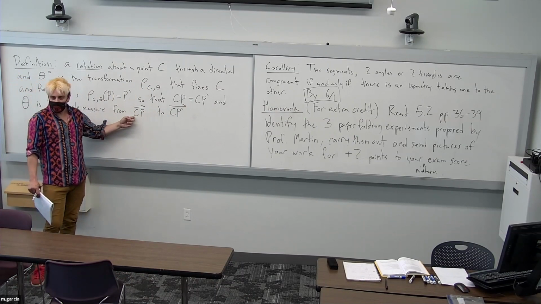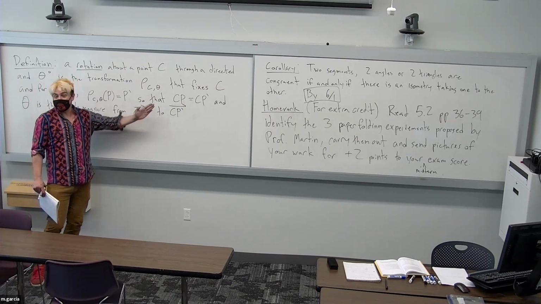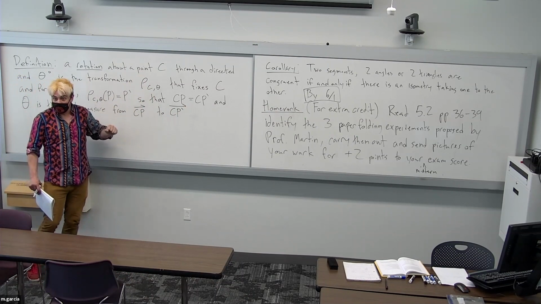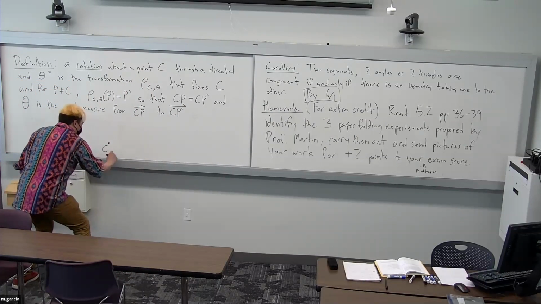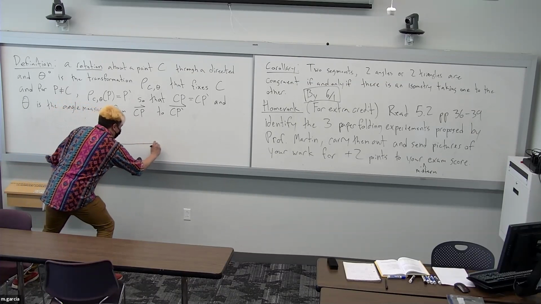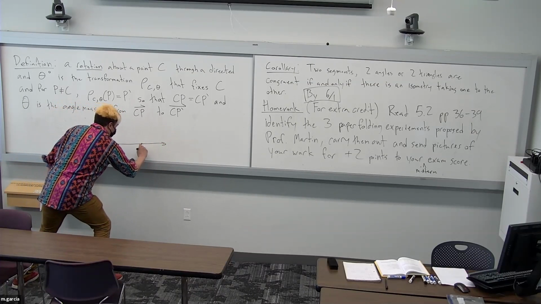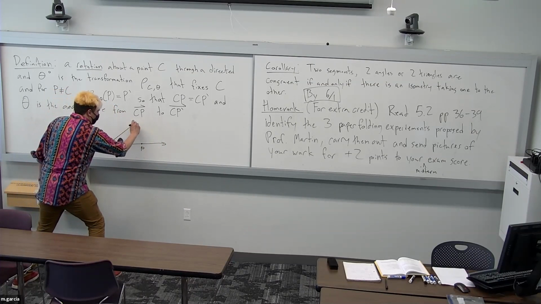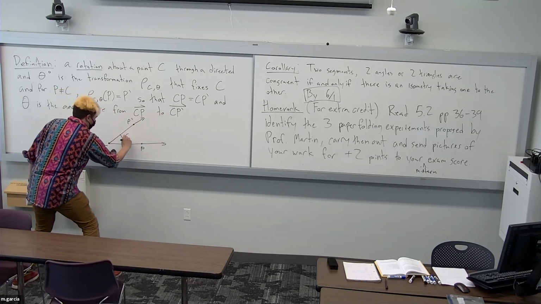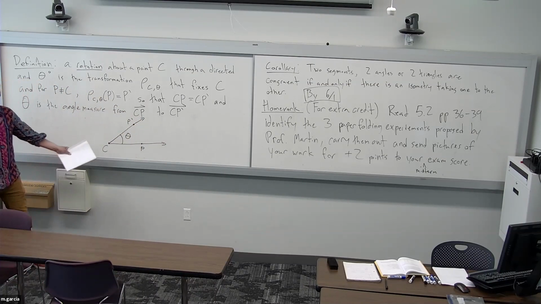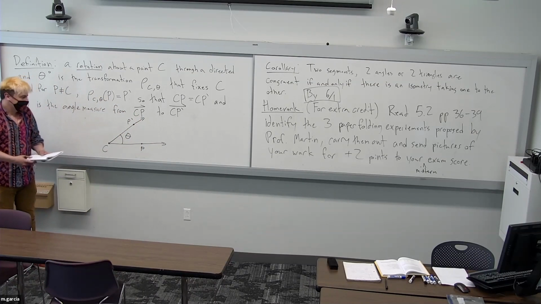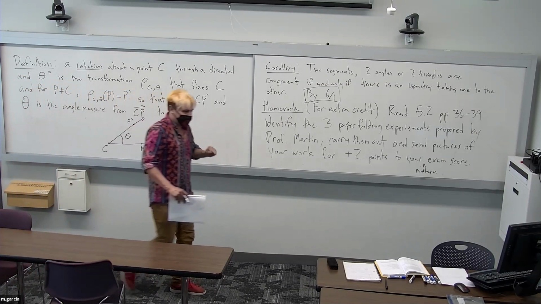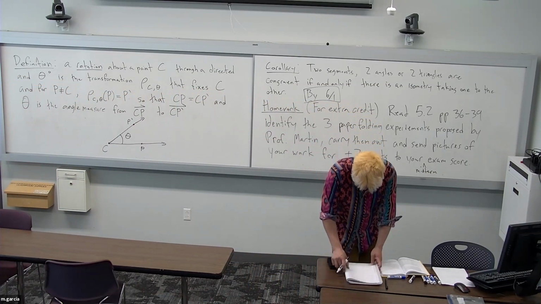So C is the terminus, and P lies on the half line that originates from C. I'm using a lot of words without really saying that much, right? So I have P, P prime, and theta. This is a very familiar situation, right? We've all taken calculus and done a fair amount of trigonometry along the way, so we're just saying this basic thing. Okay?